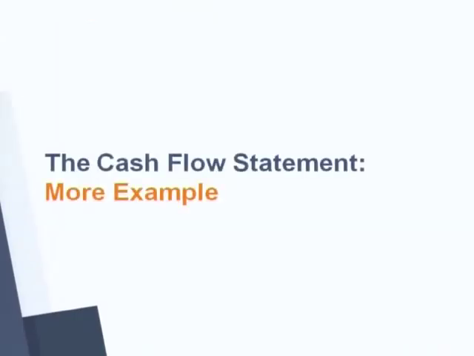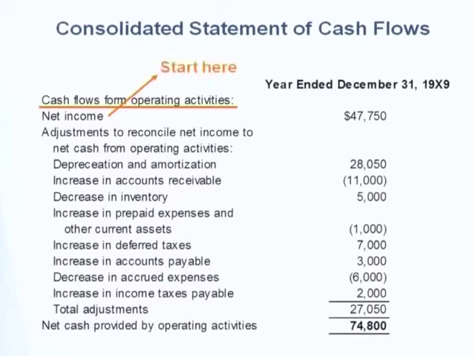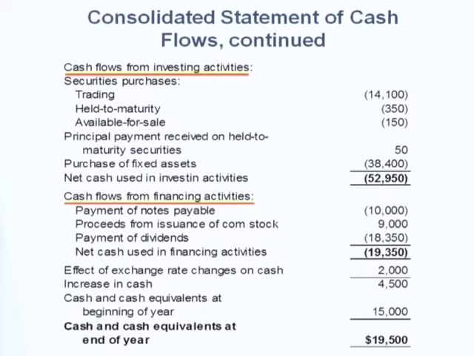So here are more examples. You see a cash flow statement in a more complex picture. You start from cash flow from operating activity. We have net income, adjusted with what? Add back depreciation, increase in accounts receivable, and so on, as I said earlier. And then here is cash flow from investing activity.